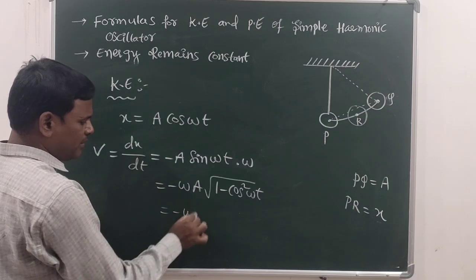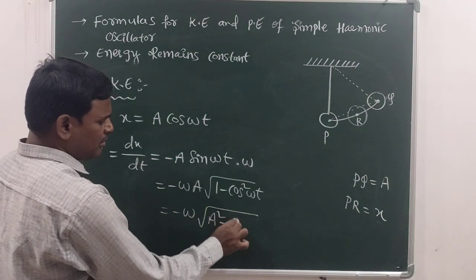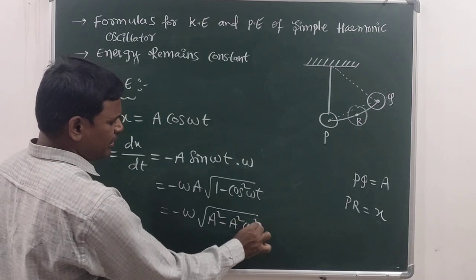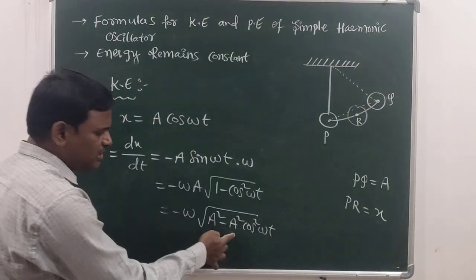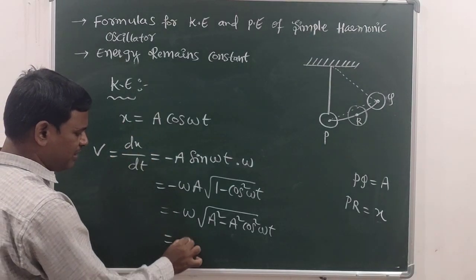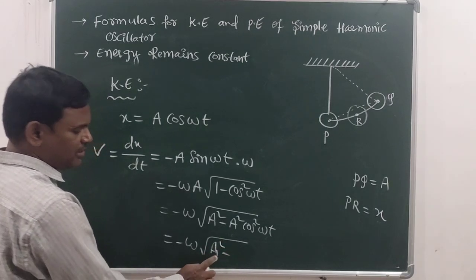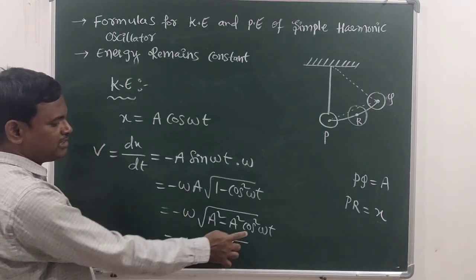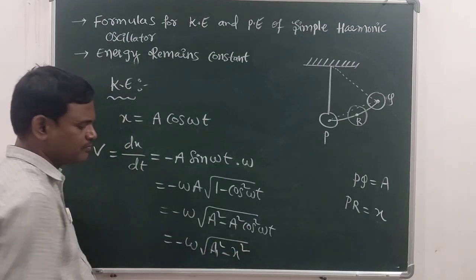So what do you get? Root of A square minus A square cos square omega t. Now in the next step, in place of A cos omega t, I can write x. If I write x square there, I will get omega root of A square minus x square.